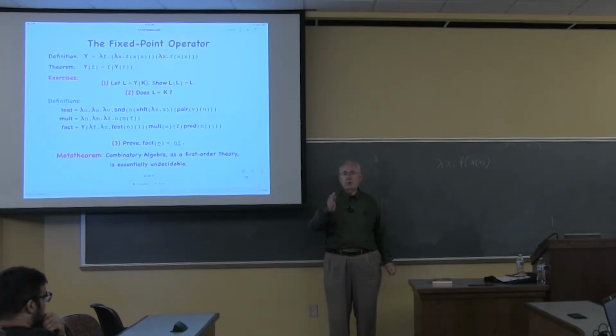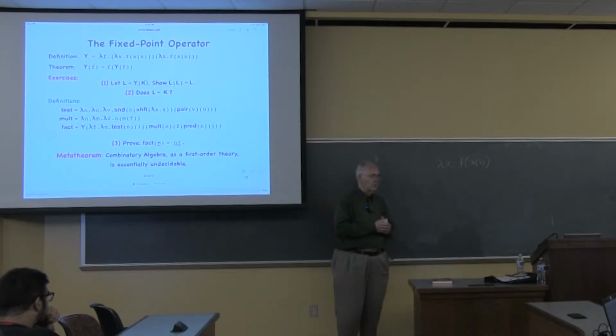Of course, you can compose two real functions, but you don't apply a real function to itself because it's a type mistake. A continuous function is not a real number. It's another type. And so mathematicians wouldn't do this kind of thing.